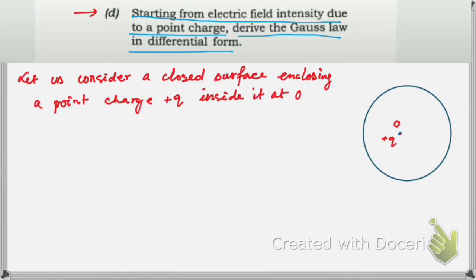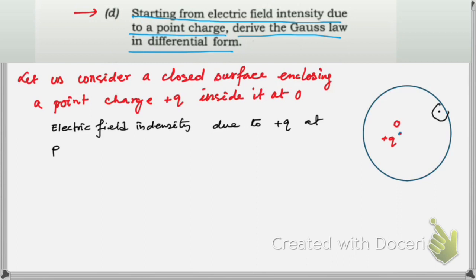Then the electric field intensity due to q positive at P. So we have taken a point P on the surface of this closed surface, and this part here, as I have drawn, is suppose a very small surface element ds, right?